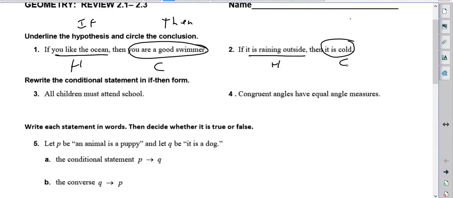Now, for example, 3 and 4, here are ones that are not written as an if-then, that we can change to an if-then. All children must attend school. So basically, if you are a child, then you must attend school.